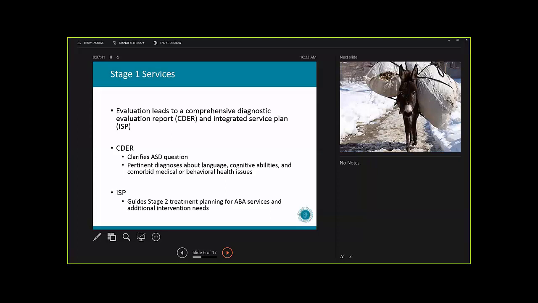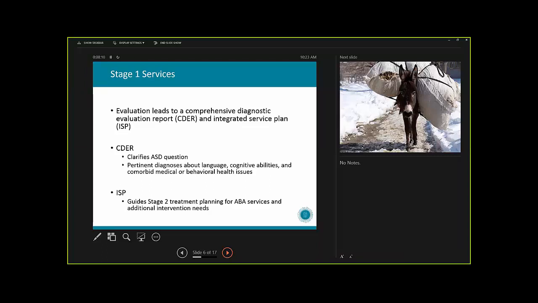The other piece of an autism evaluation report that you will likely see are standardized tests related to language abilities, cognitive abilities, and any other medical or behavioral health issues. We know that there are a number of comorbid diagnoses that children with autism spectrum disorder can also have.